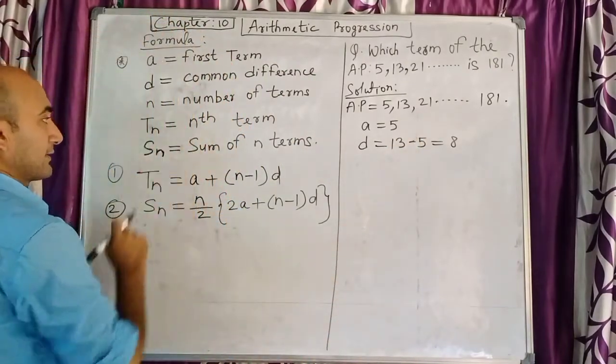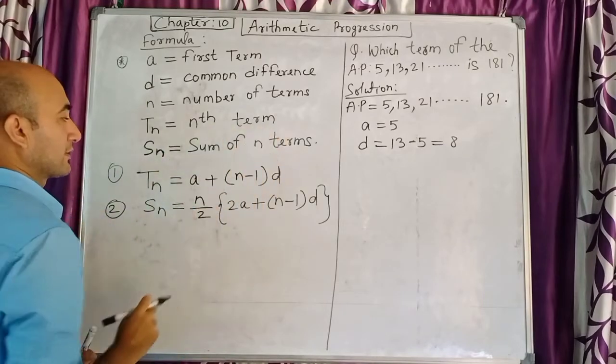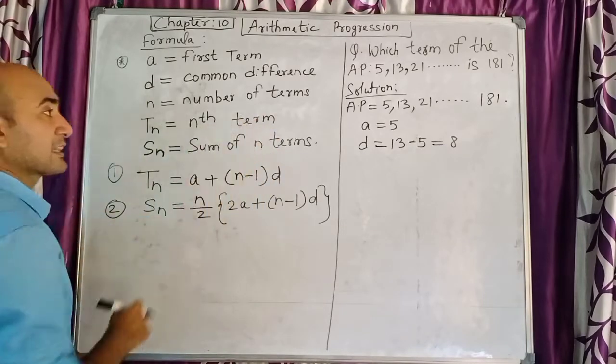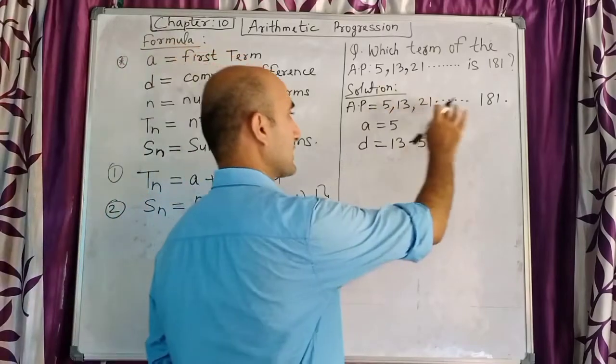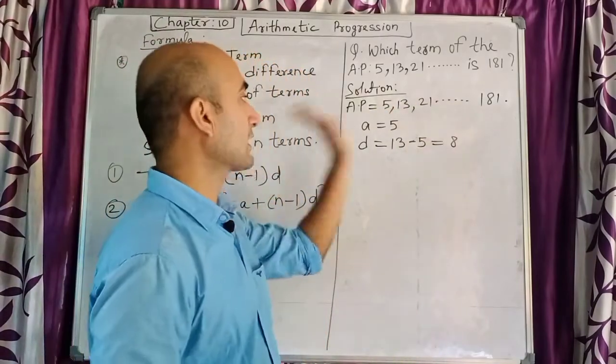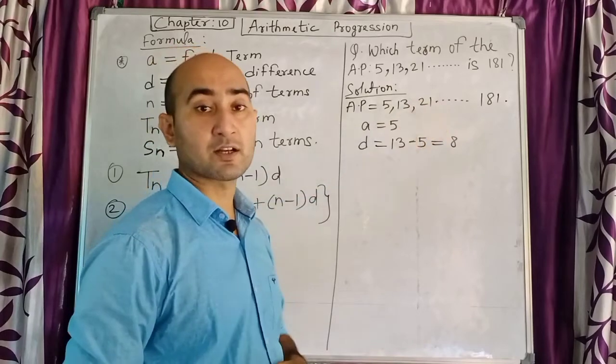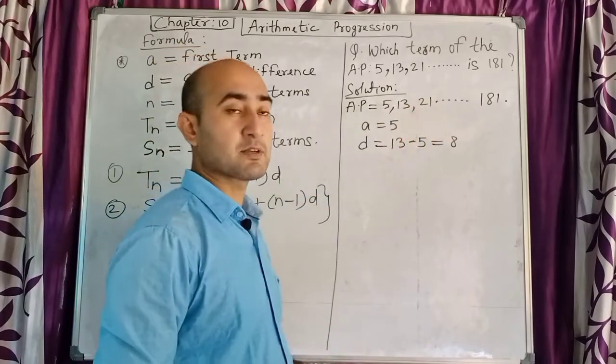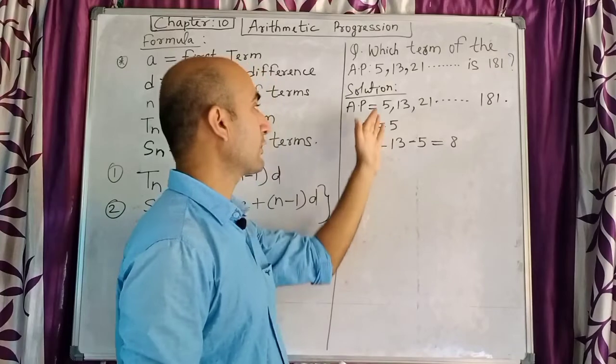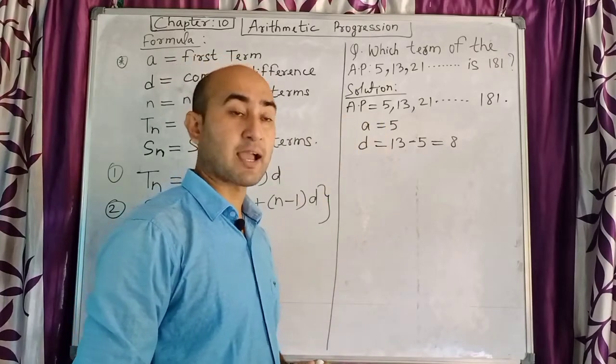Now Tn, the nth term. Tn means nth term. Suppose in this question, if I ask you who is third term, you will say the third term is 21. Who is second term? The second term is 13. Who is first term? The first term is 5.